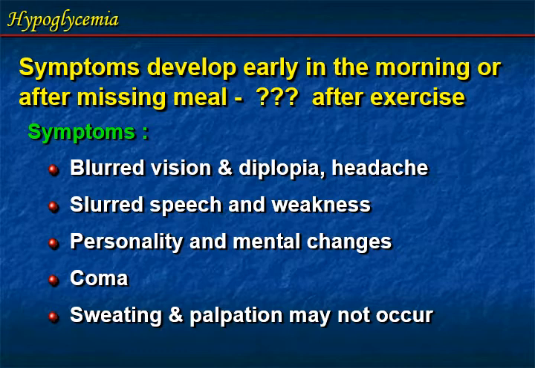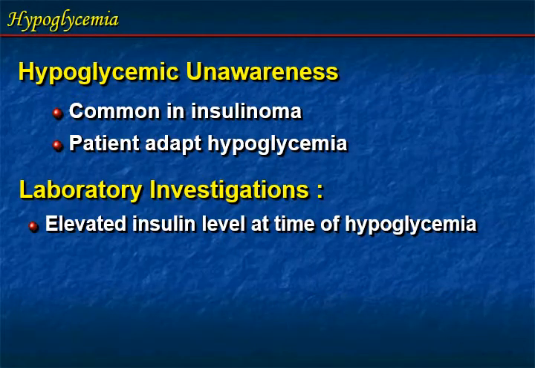The other cause is adaptation. Whenever you have adaptation, you have diminished sympathetic drive. So the main causes of sweating and palpitation not occurring, or what we call hypoglycemic unawareness, are either a defect in counter-regulatory hormone secretion or adaptation to hypoglycemia.